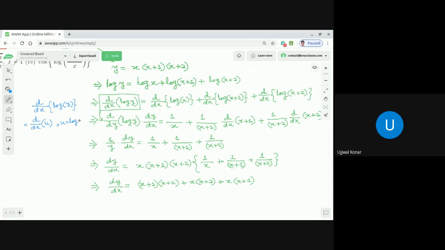Log y. Correct? So to differentiate this thing, what we do? d du of u into du dx.